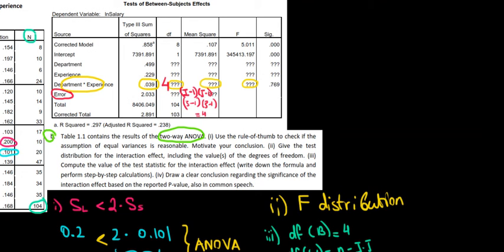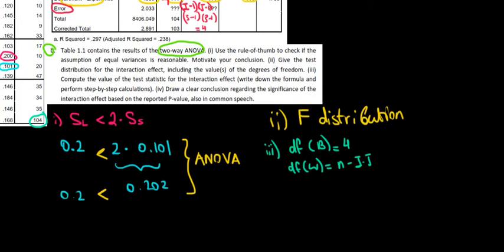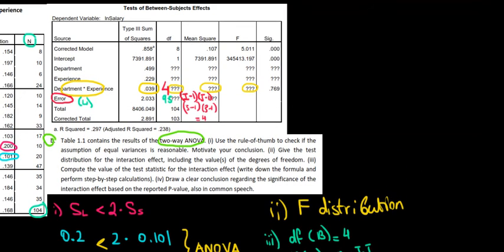Let's calculate it here below. So 104 minus how many groups? We have 3 for department and 3 for experience level. So 104 minus 9 is 95. So we have 95 degrees of freedom for the within variation. Now we go to the next cell, where we have the mean sum of squares.